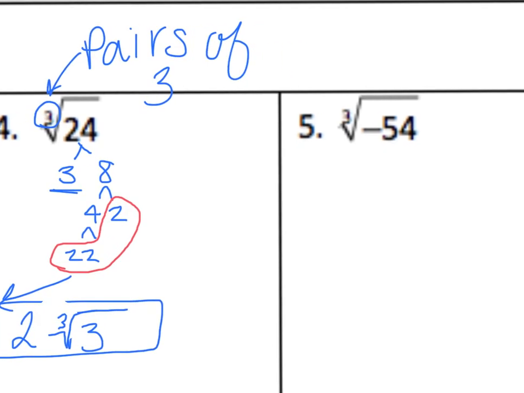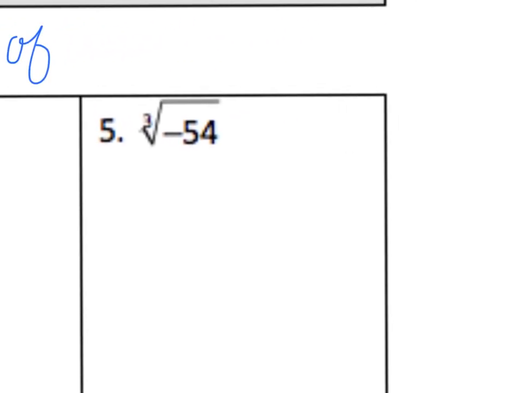Okay, one last one. Now negative 54. You might see negative and it's a square root, so it's a no solution. You told me that already. However, we're talking about a cube root now. So remember, it's the same number times itself and times itself again, which makes something able to be cube rooted.